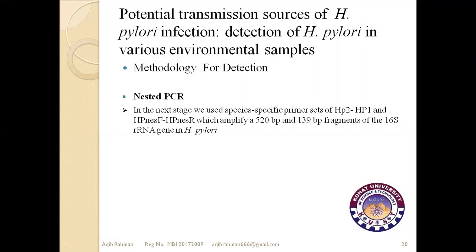In nested PCR, furthermore, at the next stage we used species specific primer sets of HP2, HP1 and HPNESF, HPNESR, which amplify a 520 base pair and 139 base pair fragment of the 16S rRNA gene in H. pylori.